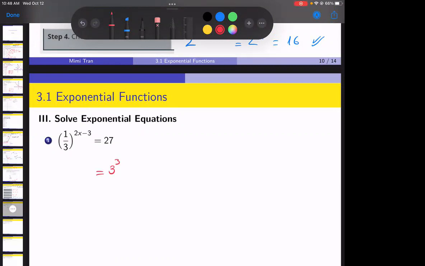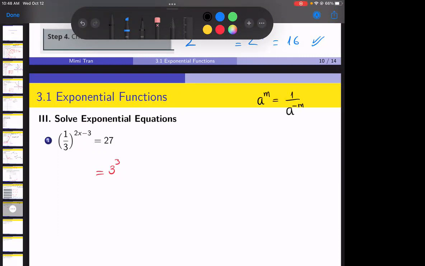So on the left hand side, I need to change that 1/3 into base 3. How do I do that? Make something negative. Yeah, you're close. Let me remind you, a to the n is the same thing as 1 over a to the negative n. Basically, you flip the side in the power.